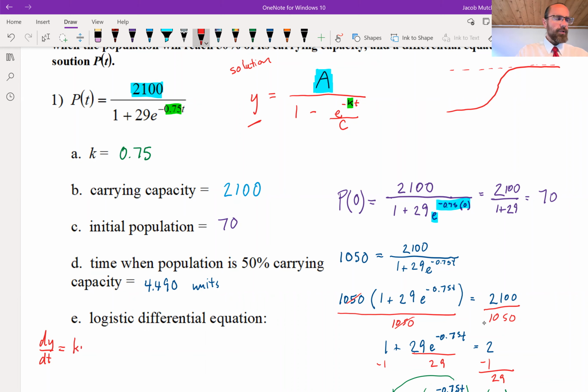So dy dt equals k times y, same growth k, y times 1 minus y divided by carrying capacity a. And again, that's established. So all I have to do is reverse substitute back in the k value and a value, and then I've got my differential equation. Pretty simple to do.